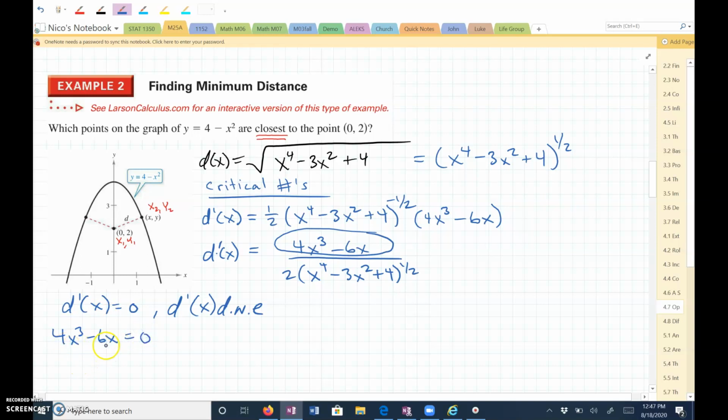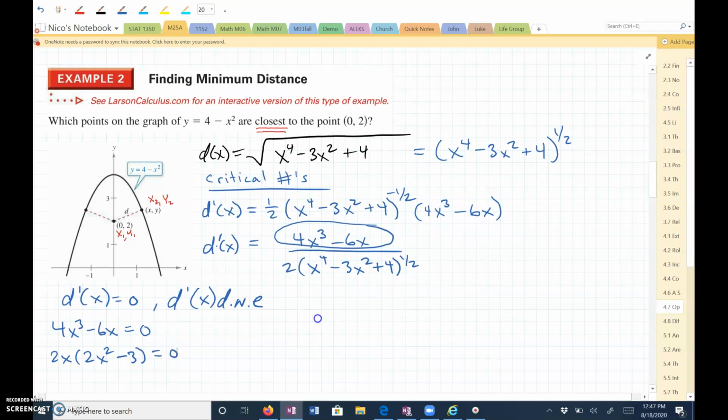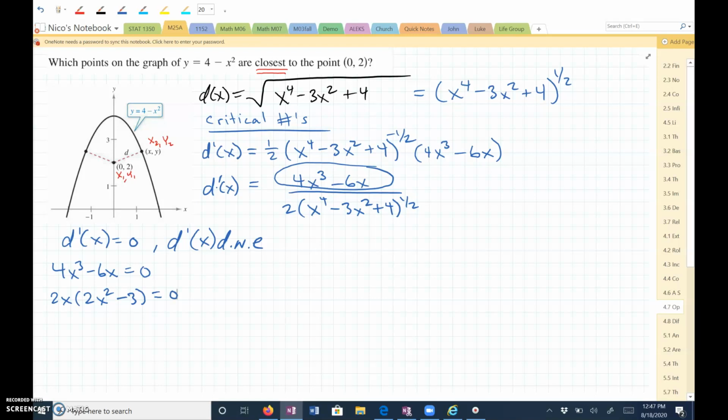So here I could factor out 2x, leaving me with 2x squared minus 3 equals 0. So x is going to equal 0, or 2x squared minus 3 equals 0.